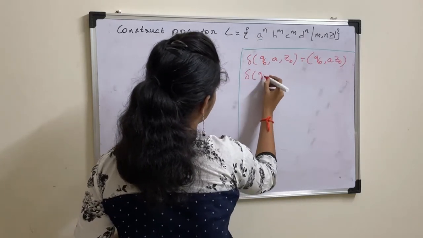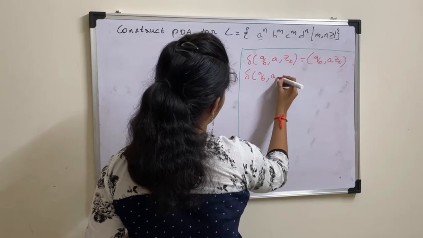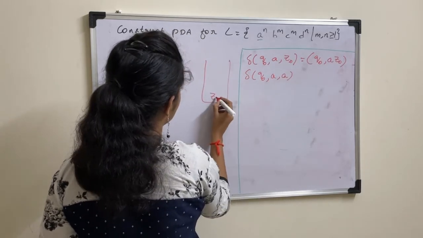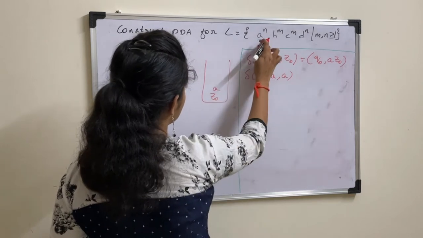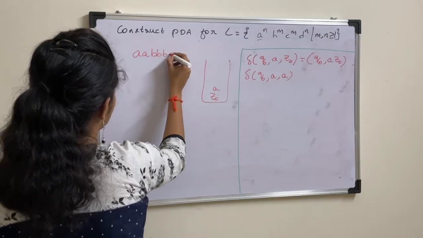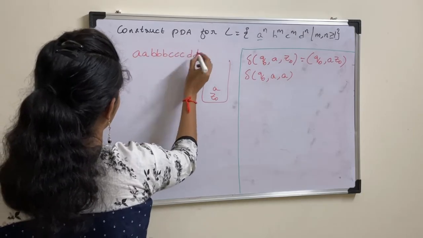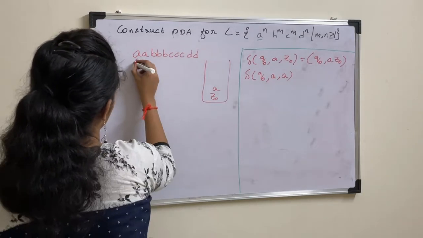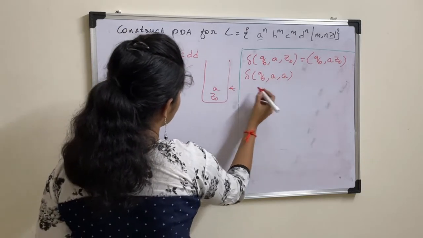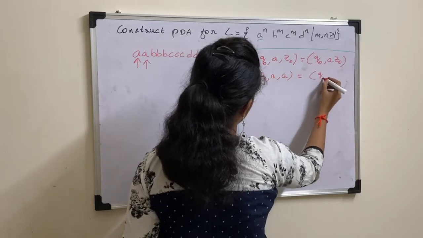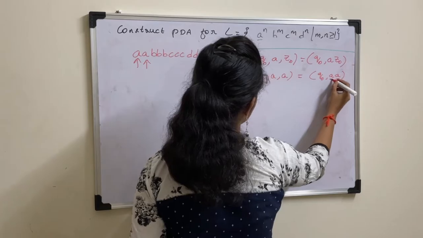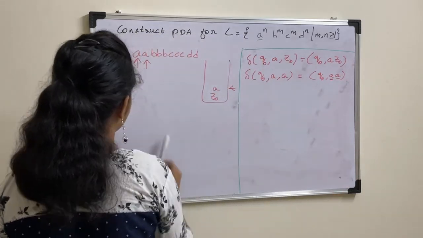Next, Q0, A. Here if this is the stack, the first A is already pushed. Take the input string A, A, B, B, B, C, C, C, D, D. For the first A we wrote this. For the second A, the top of the stack is A, so remain in the same state, and push the input element onto the stack.